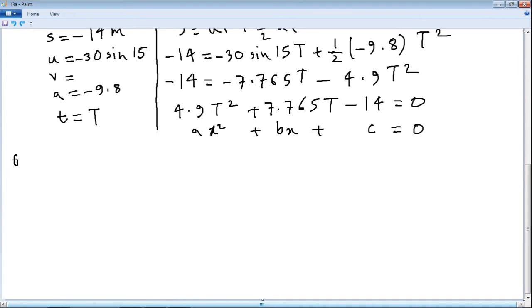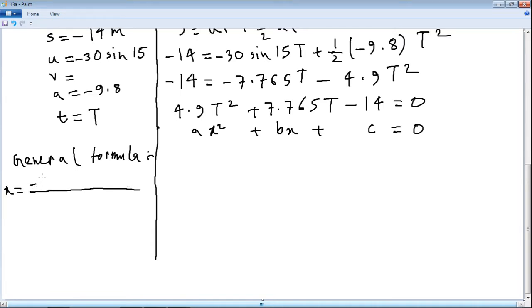So the general formula should be x equals to minus b plus minus root over b square minus 4ac divided by 2a, twice a. Okay, so this is the general formula.